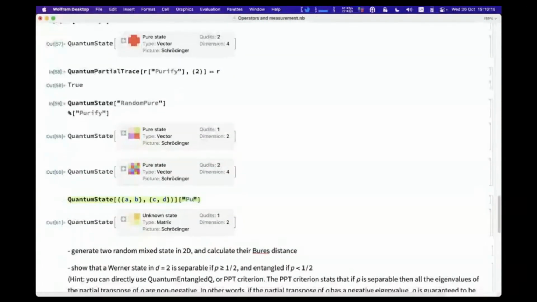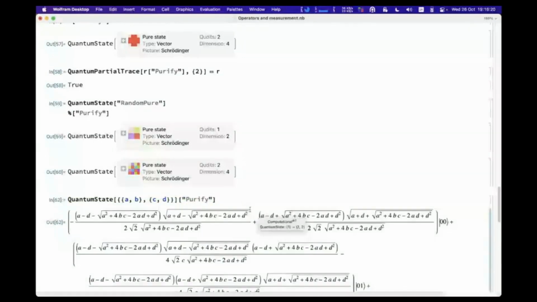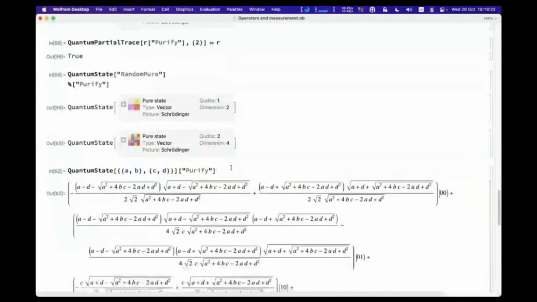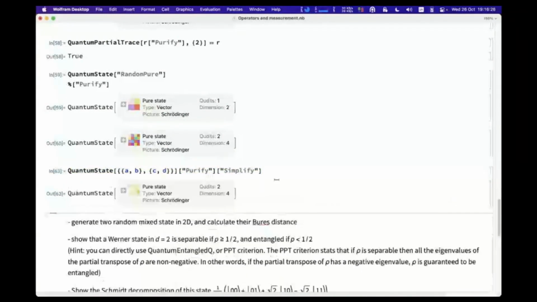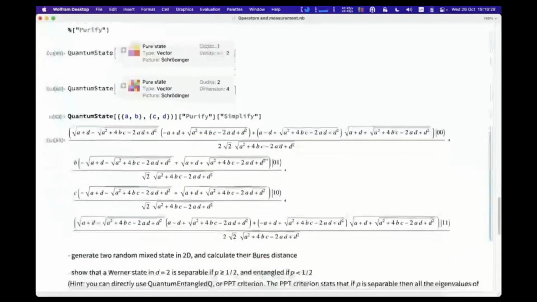I know it's unknown because it's not clear whether it's mixed or not. And let's look at the formulas. You see here, we are going into higher dimension, and then the relationship is not directly the relationship that we had with those parameters. So that's the purification.